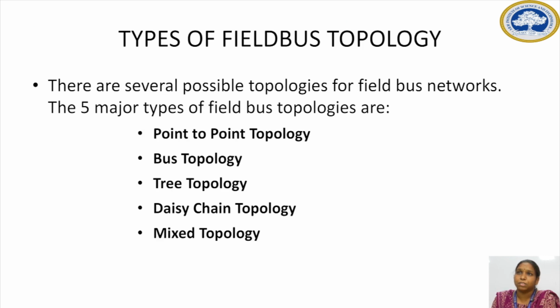The types of field bus topologies are 5 major types: point to point topology, bus topology, tree topology, chain topology, and mixed topology. Each topology we are going to see in detail.